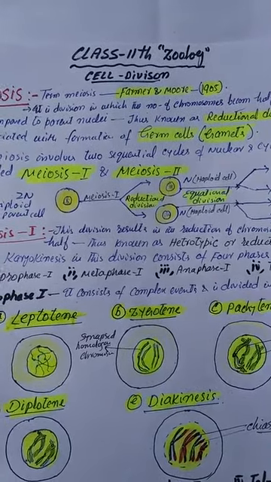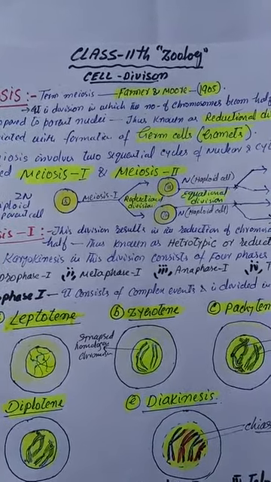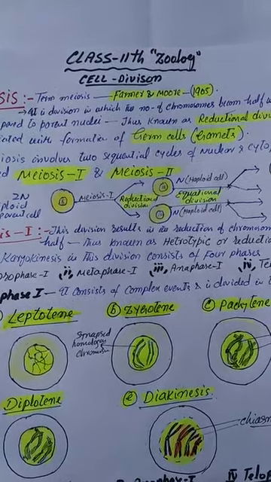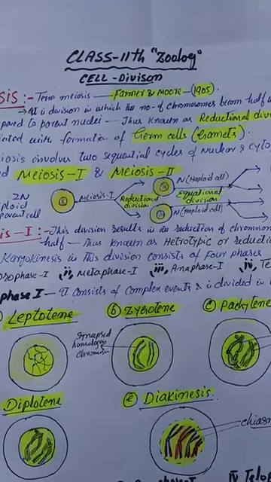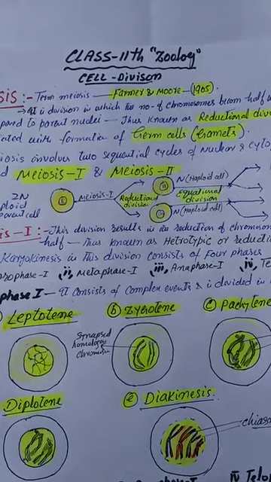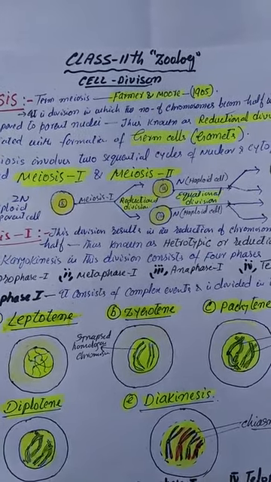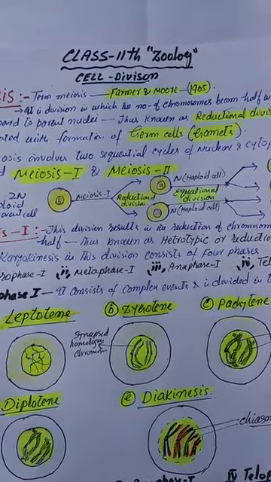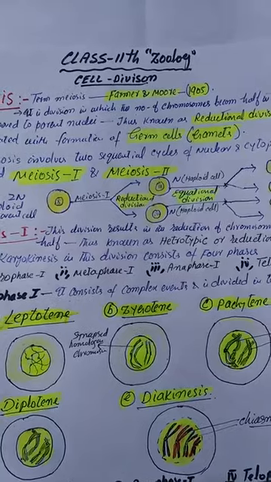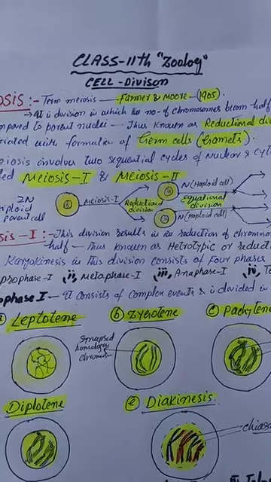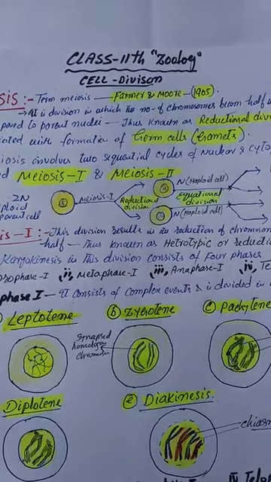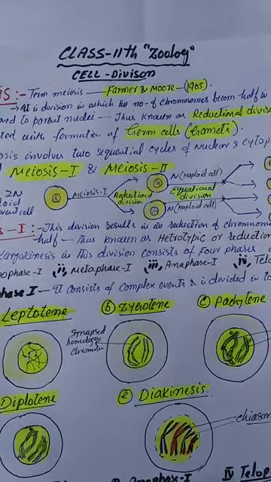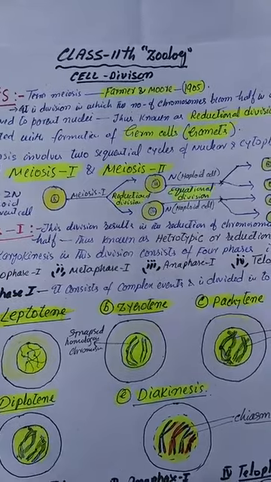Now today we will discuss a special type of cell division called meiosis, which occurs in the gonads or the germ cells and is employed for the production of haploid gametes or germ cells. The term meiosis was first introduced by Farmer and Moore in 1905.